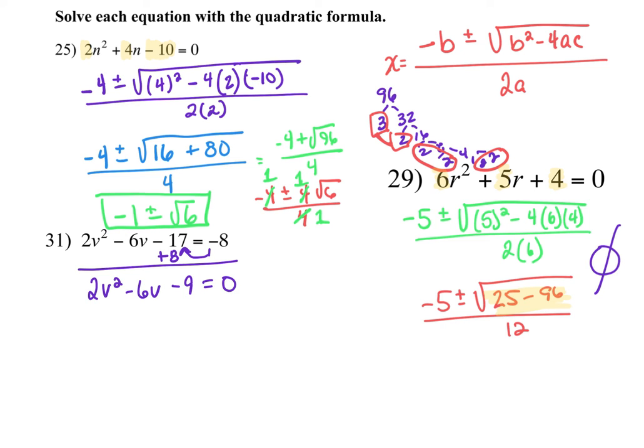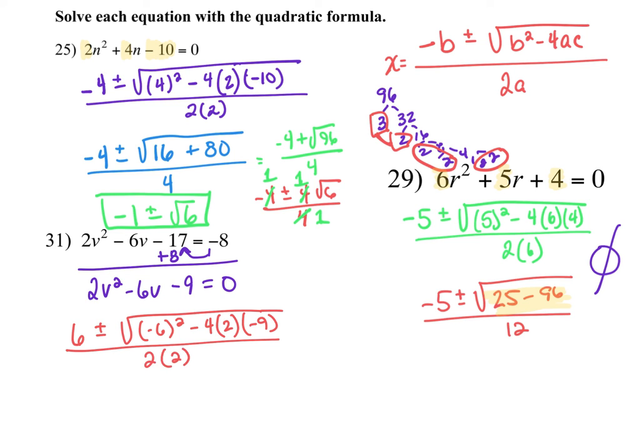All right. Negative b. My b is already negative 6. So what am I going to write for negative 6? Positive 6. Plus or minus the square root of b squared minus 4 times a times c all over 2 times a. All right, 6 plus or minus.